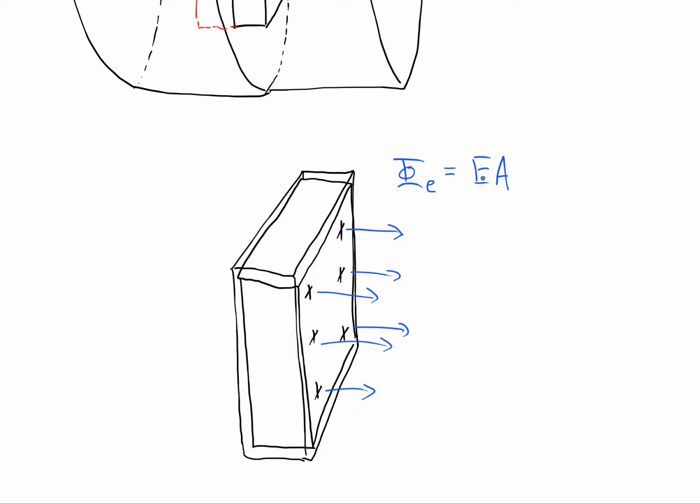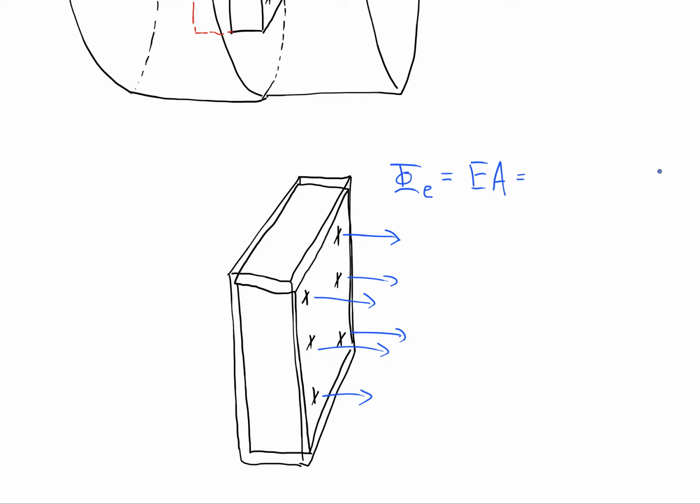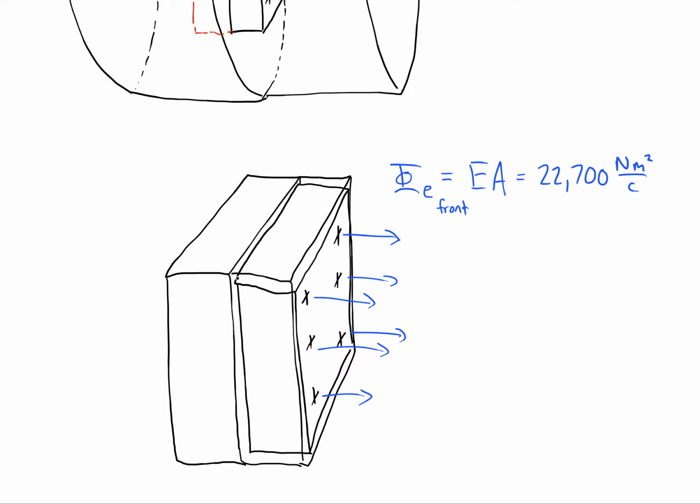We'll multiply the external electric field times the area of the shape. We had calculated this earlier to be 22,700. That's the flux leaving through the front. But let's remember that we contained the front half of the copper plate in a Gaussian surface, and the back half is contained in its own Gaussian surface as well.